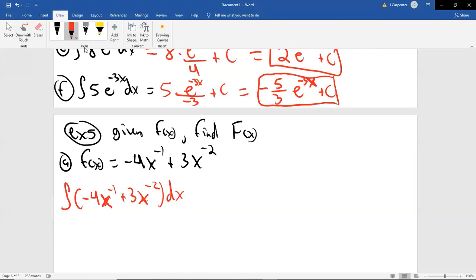It's set up to look like it's just power rule, but this is the third time we've come across this. If you add 1 and negative 1, you get 0. You're going to be dividing by that same value, and you blow up the world. So the first term is going to end up being dealt with like that natural log. The second term is a straight up power rule. So this is a mixture of ln's and power rule. You got to know which one's which.